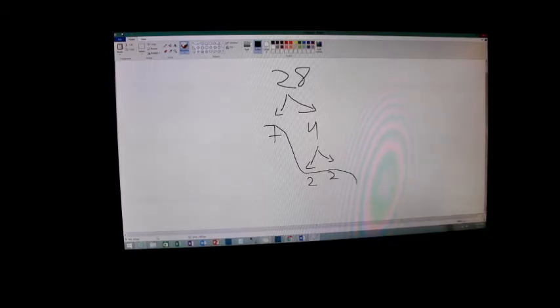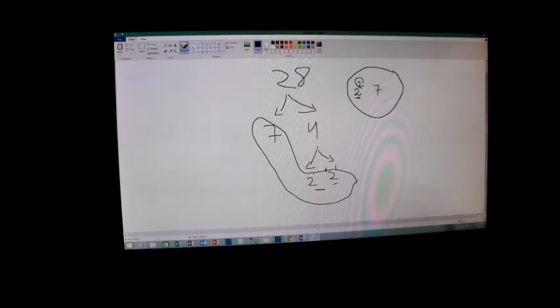That's the answer because that's all prime. Now we have to write it in the shortest way. We write 2 squared times 7. How did I get 2 squared? Because 2 is the base, and then the exponent on the top, I add them, which equals 2. So it's 2 squared times 7.